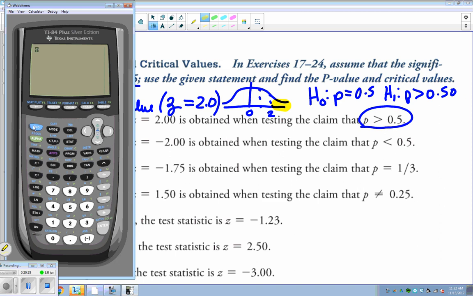Second, distribution. Number 2, the normal curve. I've got to put my lower and my upper. My lower is at 2. My upper is at 9999999.